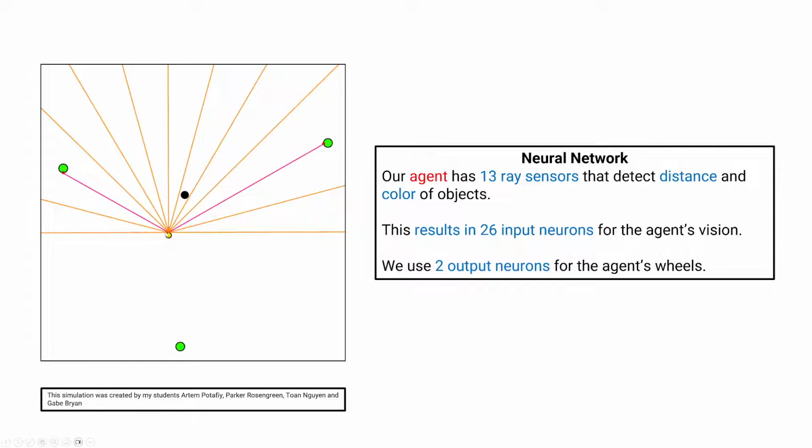When the ray interacts with the wall, which is dangerous to our agents, it sends back an orange signal. That's the signal to our robots that this is dangerous. And when it interacts with food, it will send back a pink signal, which tells our agents it is something you want to chase down and eat.